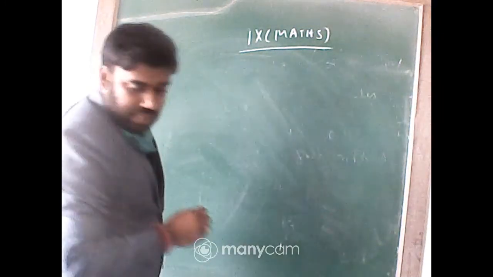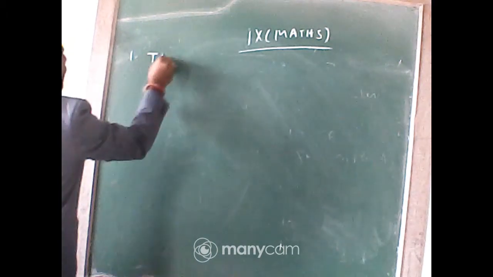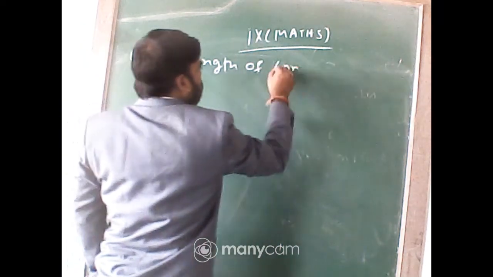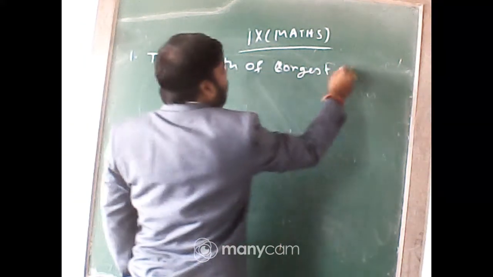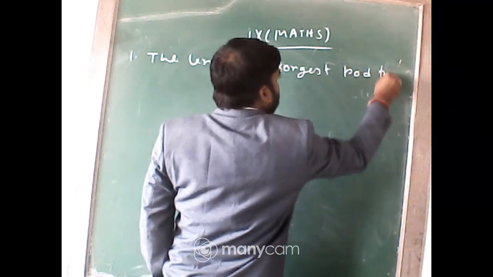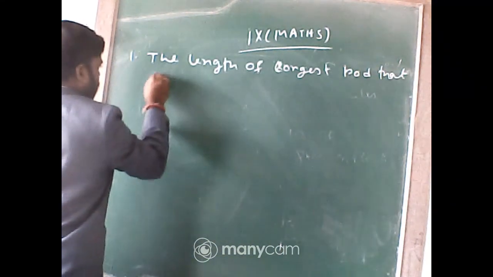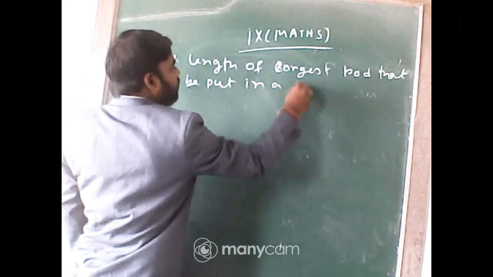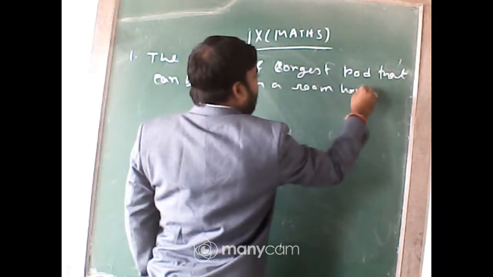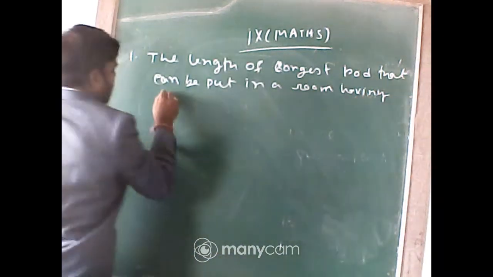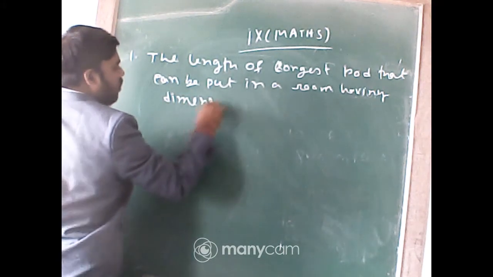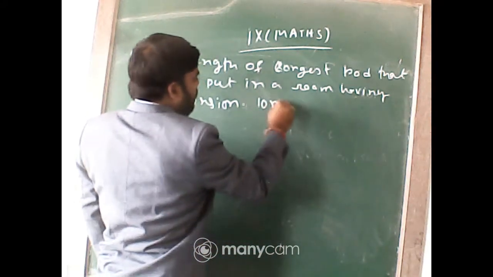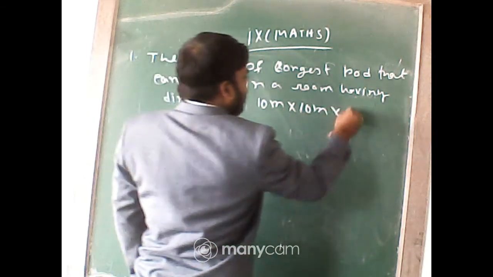9 maths, the length of the longest rod that can be put in a room having dimension 10 meter into 10 meter into 5 meter.